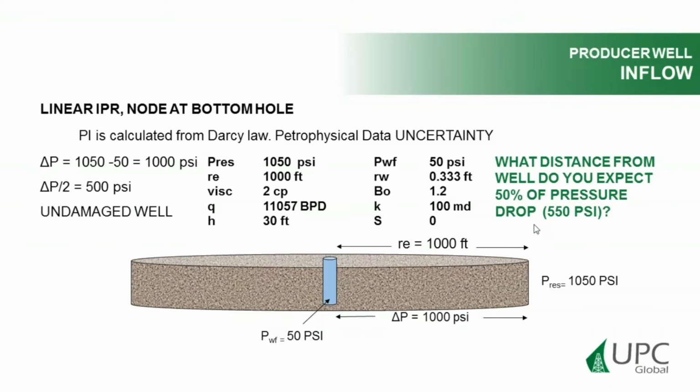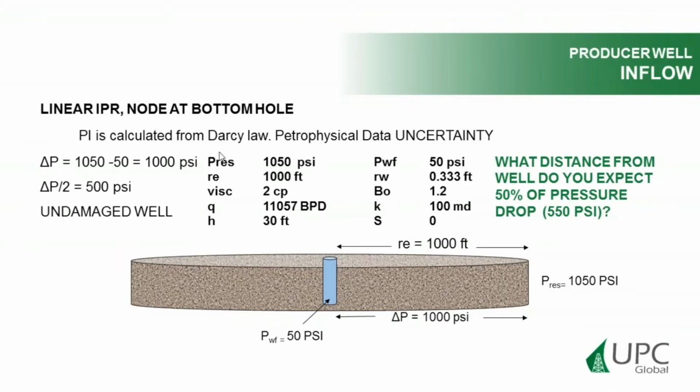So the question to understand about the skin is, where do you expect to have a pressure drop of about 500 psi? Most people say it is at 500 feet from the well.